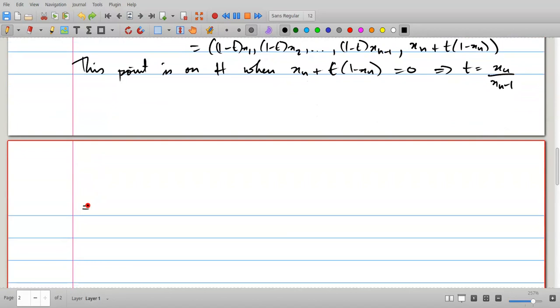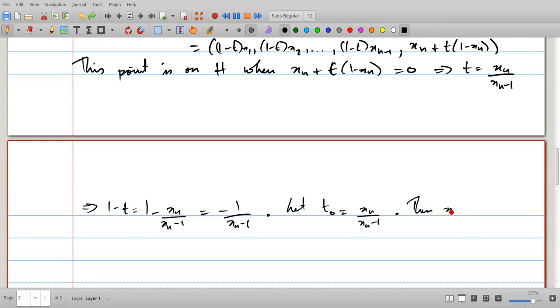So this implies that 1 minus t is equal to minus 1 upon xn minus 1. So let t naught be equal to xn upon xn minus 1.